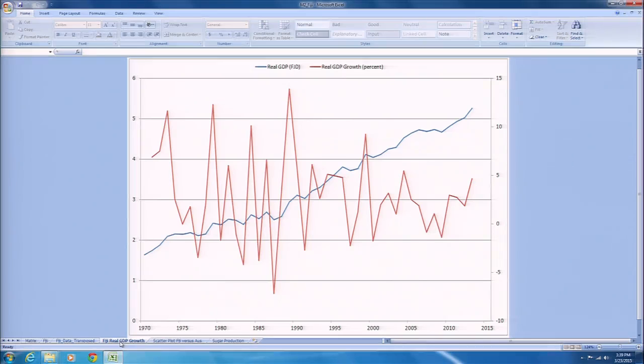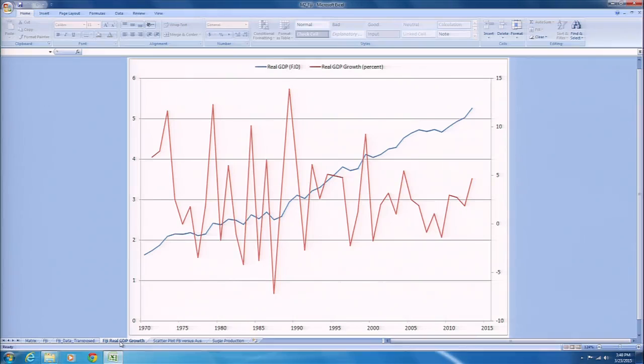Now, the blue line here is real GDP of Fiji, and it's relative to the left-hand side axis. The red line represents the growth rate of Fiji. Now, you can see here that there has been a steady upward swing in real GDP in the case of the Republic of Fiji, but certainly the growth rate hasn't been too smooth.